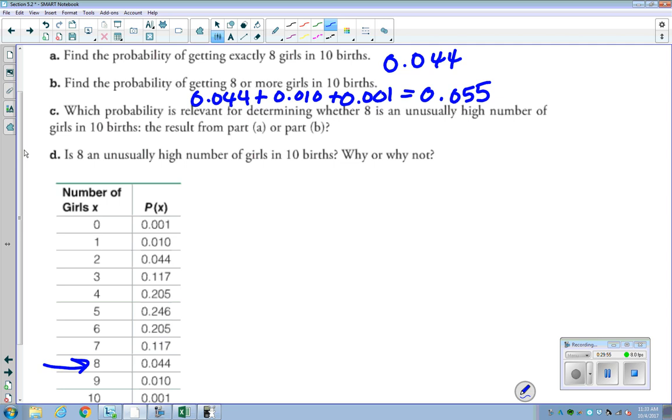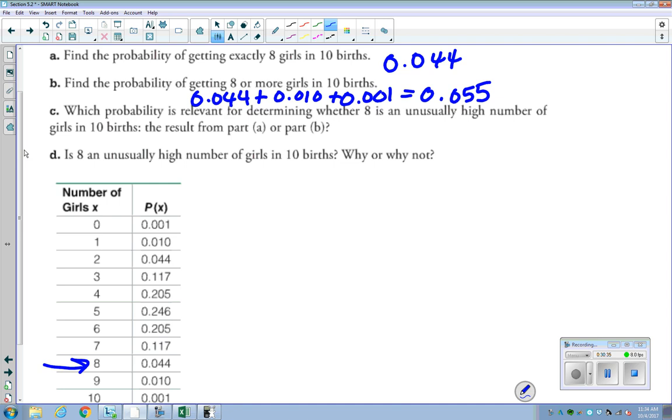Which probability is relevant for determining whether 8 is an unusually high number of girls in 10 births? Part A or Part B? Which would be unusual? The answer you got in Part A or the answer you got in Part B? Part A. So it would be unusual to get exactly 8 girls in 10 births, but it would not be unusual to get 8 girls, 9 girls, or 10 girls in 10 births.